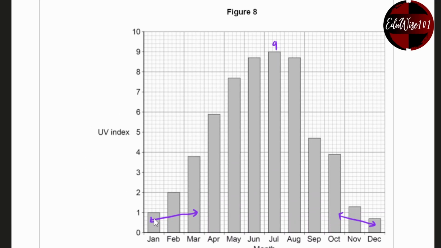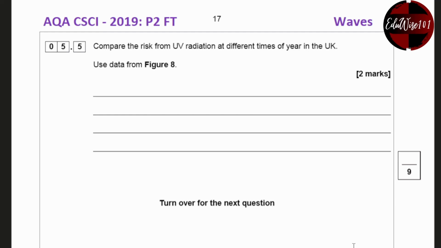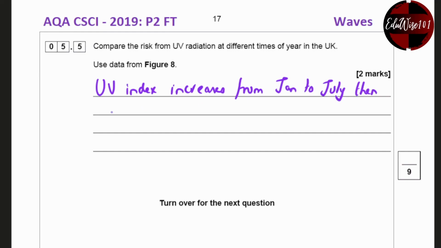So UV index increases from January to July and then it decreases, right? It's high during summer months.